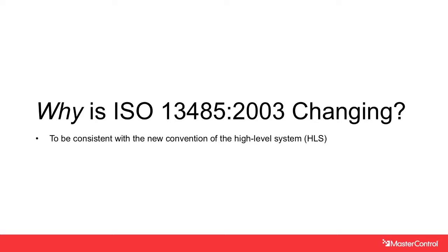So why is this standard changing? Well, first of all, it needs to be consistent with the new convention referred to as a high-level structure, or HLS, which is the description of the new 9001-2015 standard. Its convention is different. The line items are different. There are additional elements, changed elements, and eliminated components within the elements.